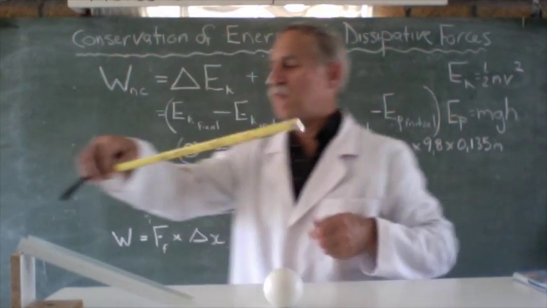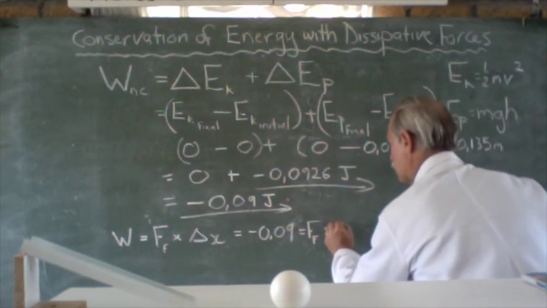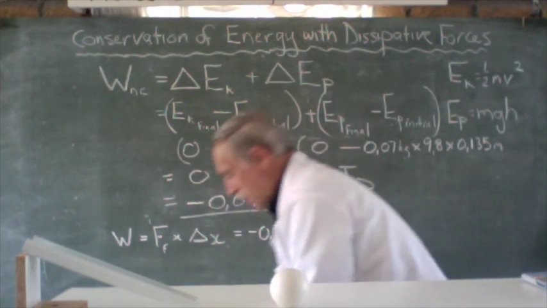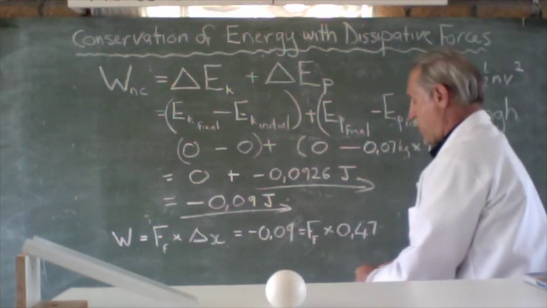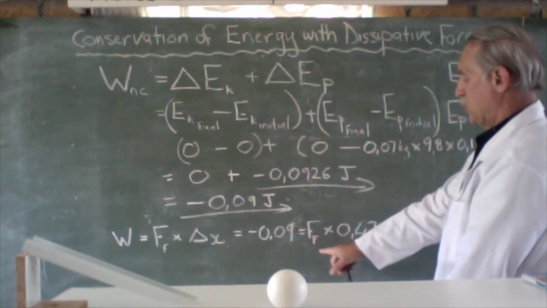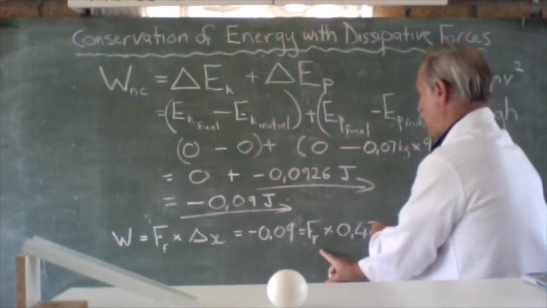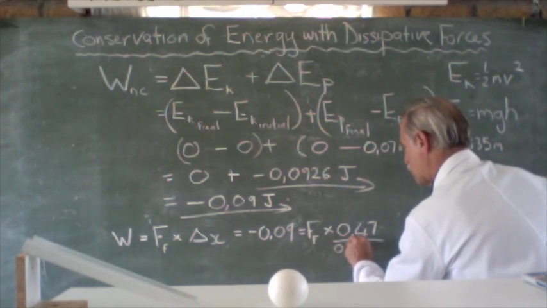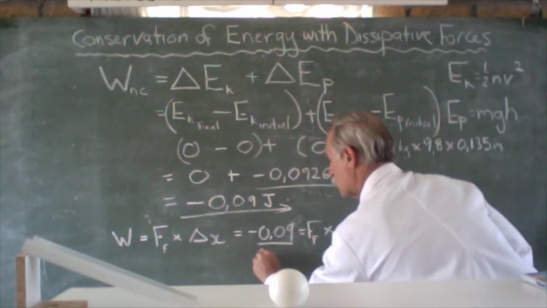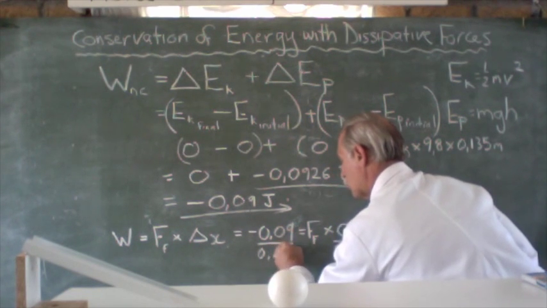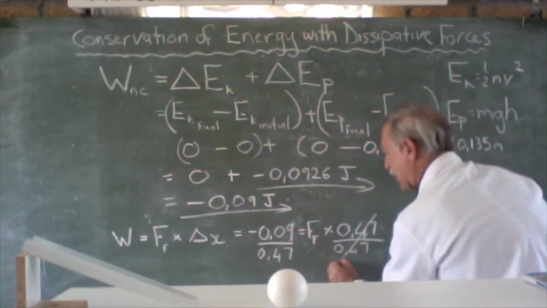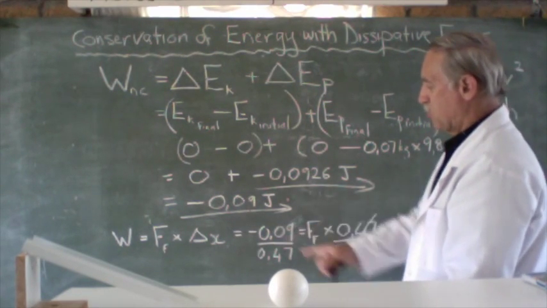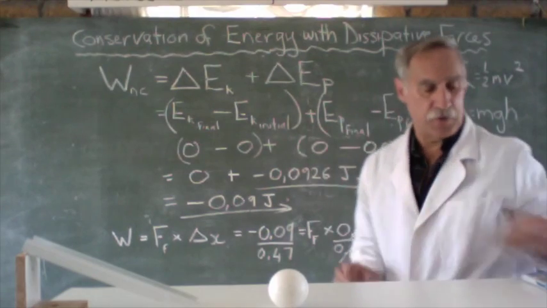So it's 0.47 meters, and therefore force of friction is going to be equal to that divided by that. In fact, what we're going to do is divide both sides by 0.47. That cancels out, and there we see our frictional force is equal to 0.09 divided by 0.47.